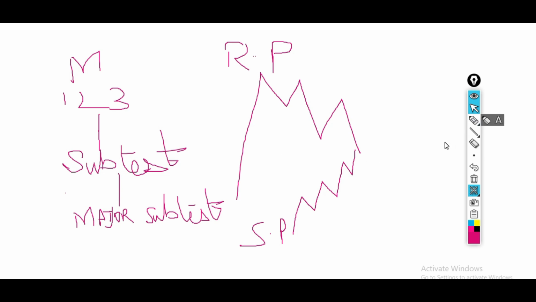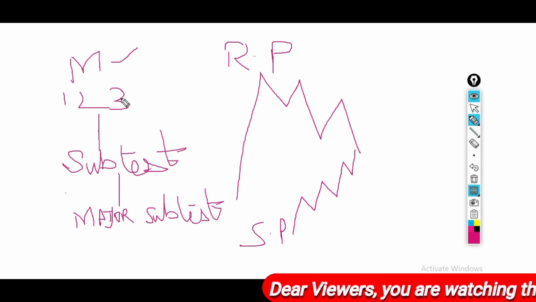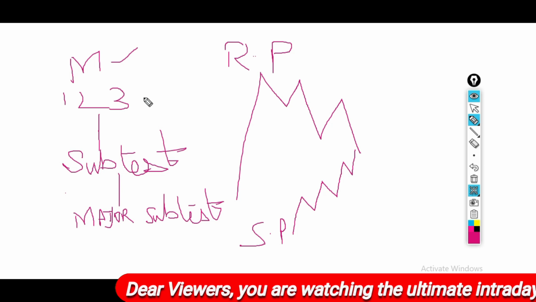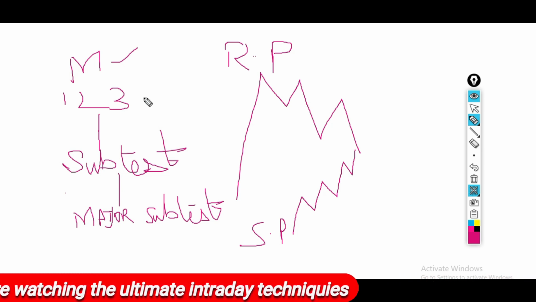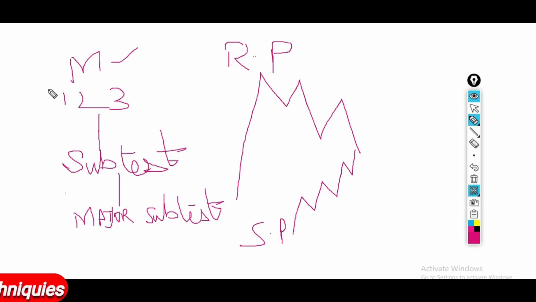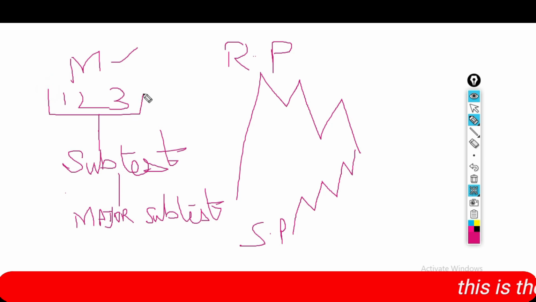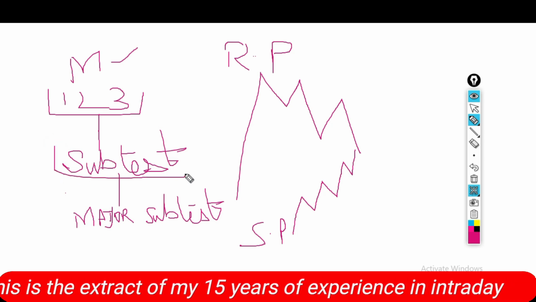So if you see, this is the main cycle 1 2 3 which I told you 6 months back. Those who follow me since starting, they know. First I told you regarding 1 2 3 cycles. Then in the last 1 month I started the sub test.